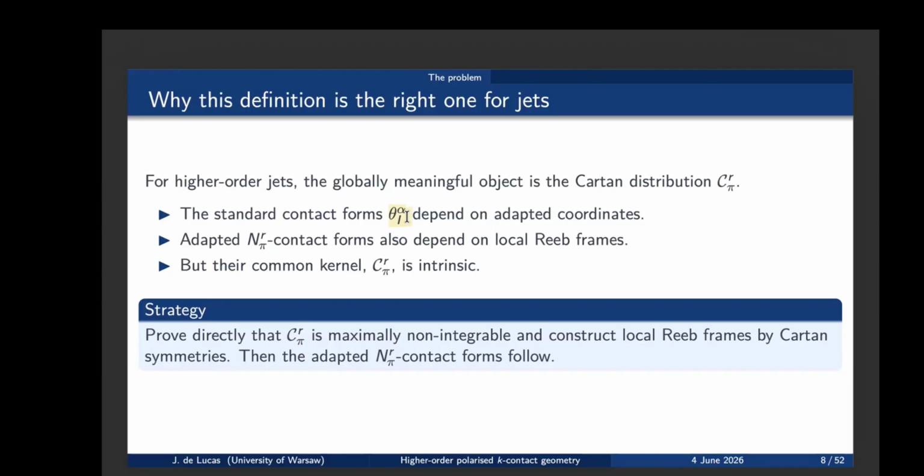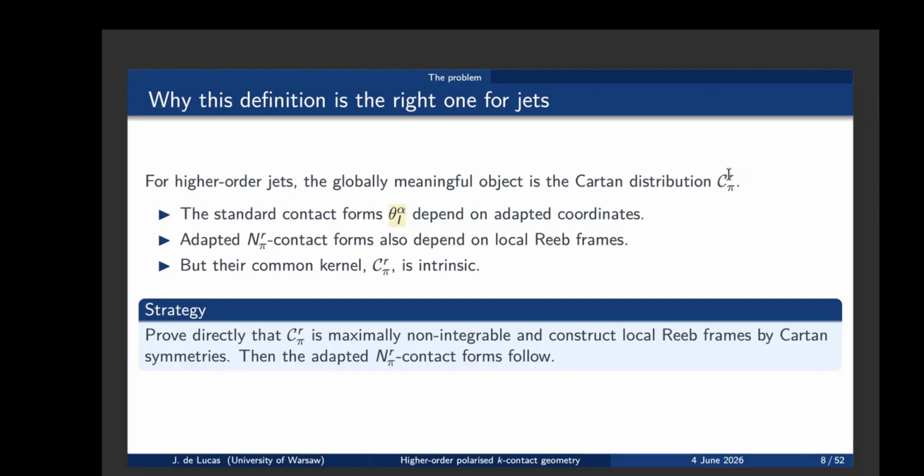I mean, if you have the Cartan distribution and this R is equal to 1, you will have exactly K-contact forms in an adapted set of coordinates. And these contact forms are indeed the canonical example used in polarized contact manifolds.